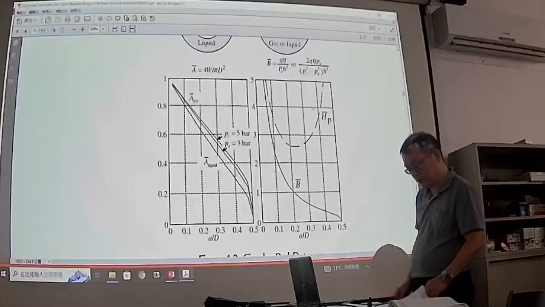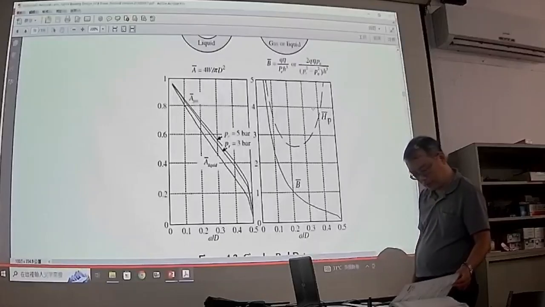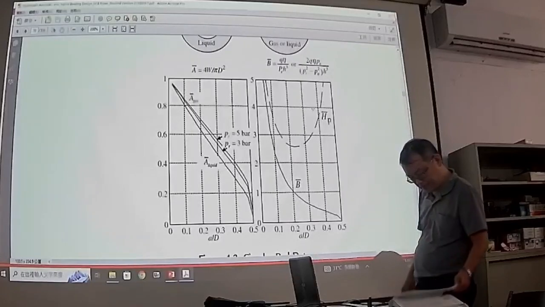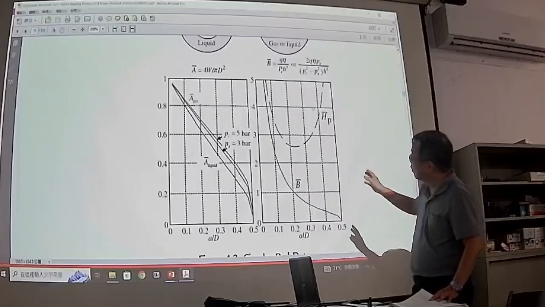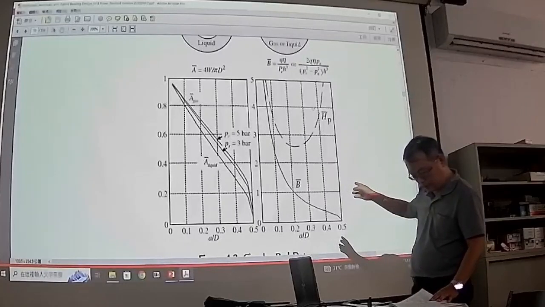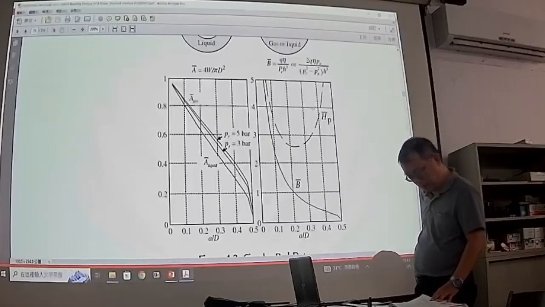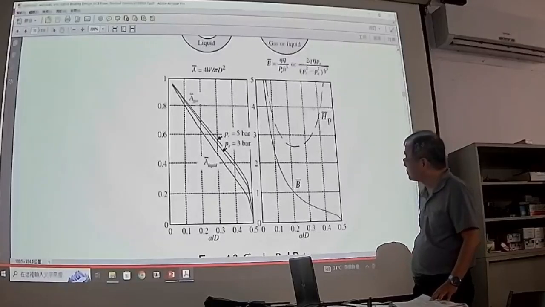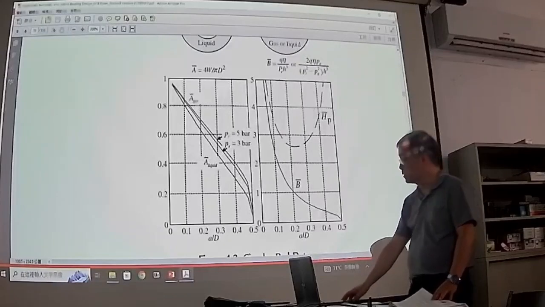So this is for the circular bearing with virtual recess. This is a drawing, a figure on page 67, for the circular bearing head.